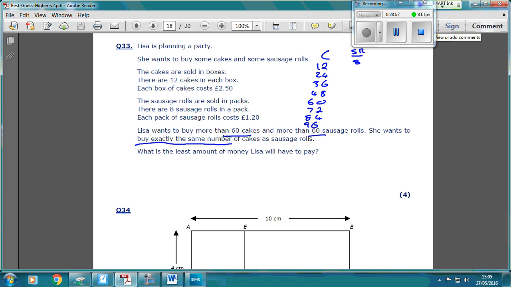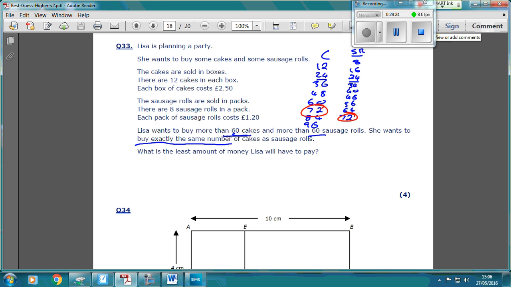So it's going to be 8, 16, 24. Now 24 lies in both of them, but it's not more than 60. So 24, 32, 40, 48, 56, 64, 72. Now we stop at 72 because 72 lies in both of them. 72 is more than 60, and it's what they both go into.